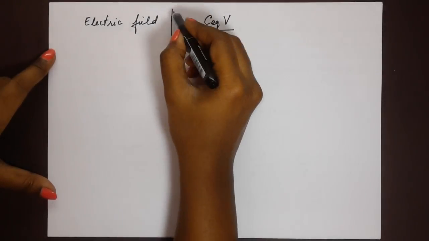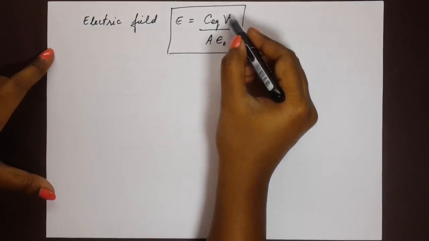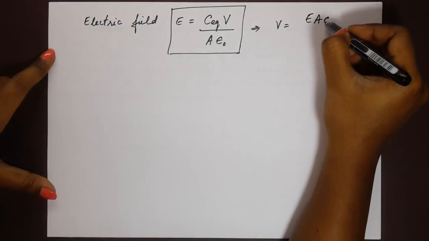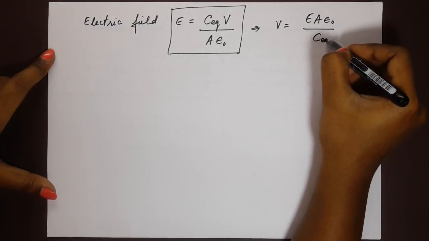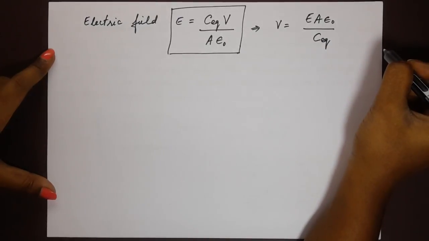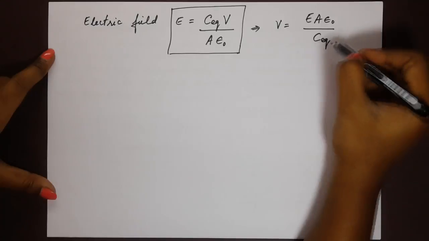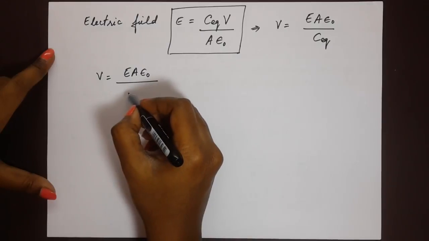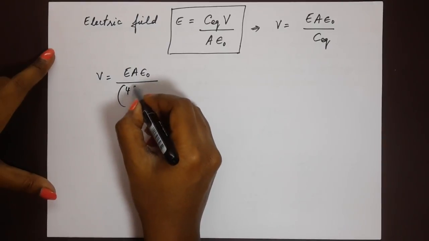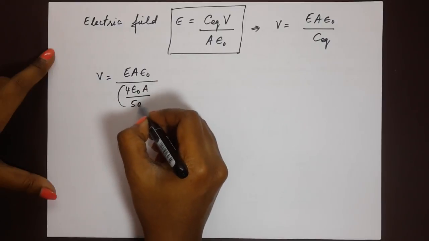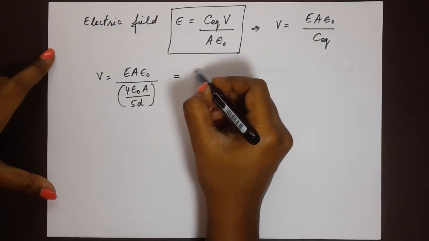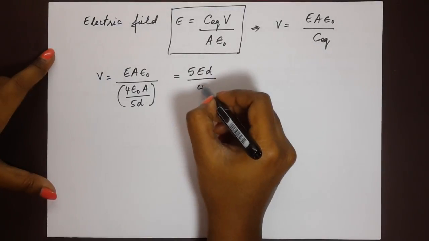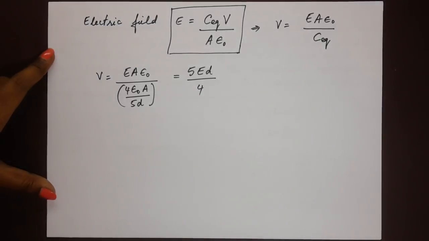So this equation, let's isolate V. So this implies V would equal E A epsilon naught by C equivalent. Now let's substitute the expression for C equivalent. V is equal to E A epsilon naught divided by, we found that C equivalent is 4 epsilon naught A by 5D. So this results in 5E D by 4. This is the expression for the voltage.